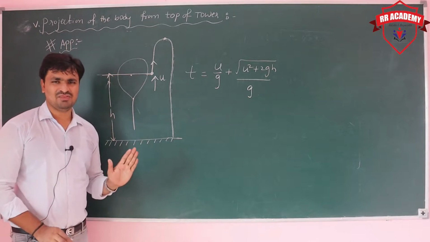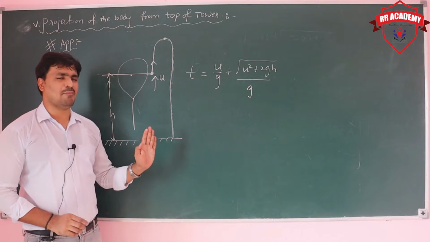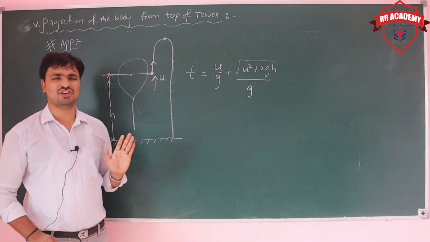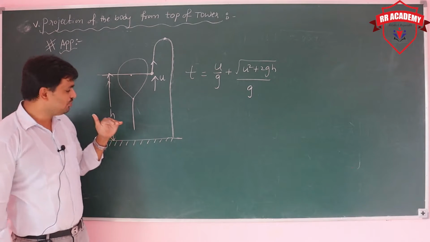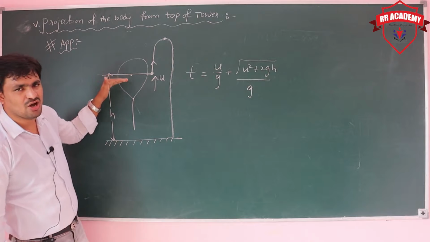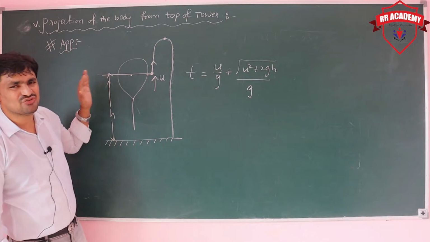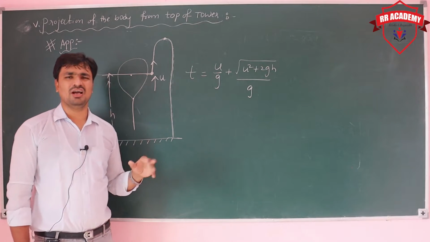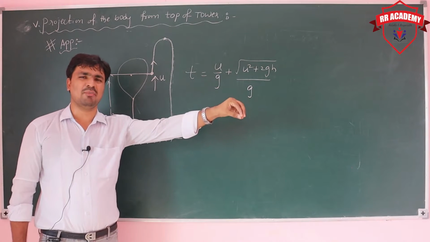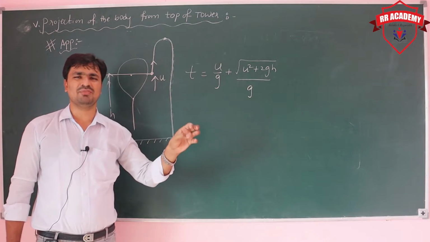See once again, a balloon is rising upwards with a constant velocity u. When the balloon is at a height h from the ground, an object is dropped from the balloon.